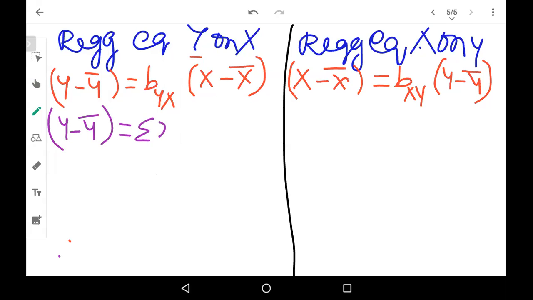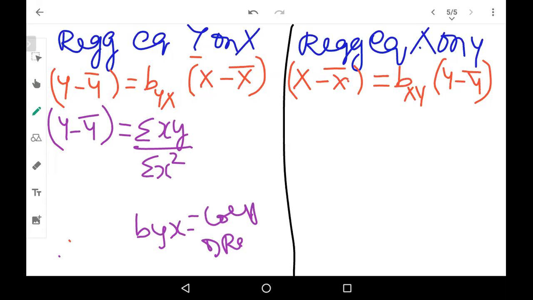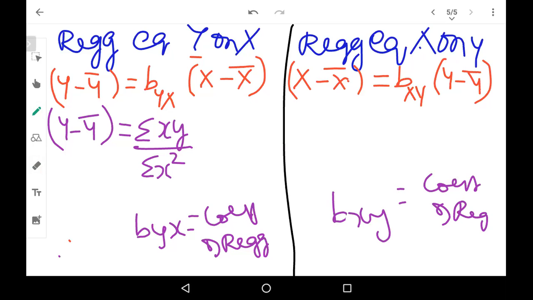Sigma xy divided by sigma x square. This is the formula for byx. I told you byx is the coefficient of regression for y on x, and bxy is the coefficient of regression for x on y.